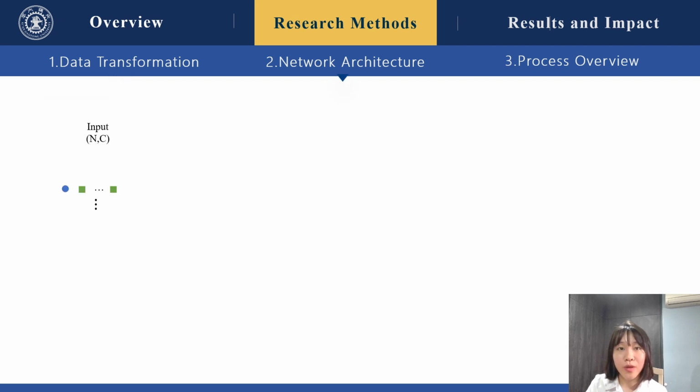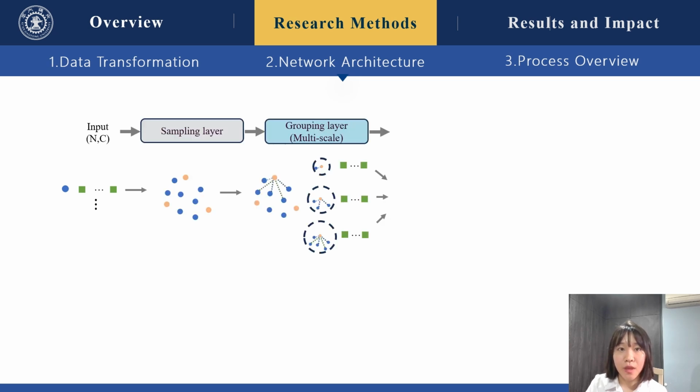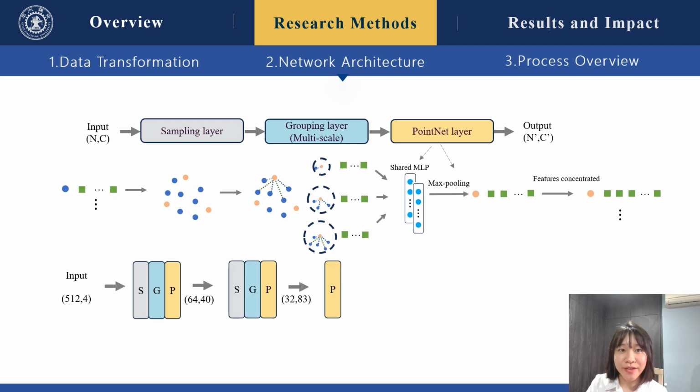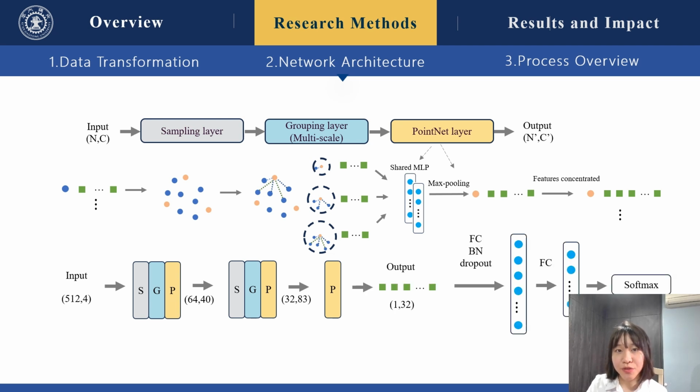Here we follow the PointNet++ framework and design our sampling layer, grouping layer, and PointNet layer. After 2 layers of such sampling, grouping, and PointNet layers, the subsequent PointNet layer operates on the output, followed by a fully connected layer and a softmax activation function to give the final classification results.